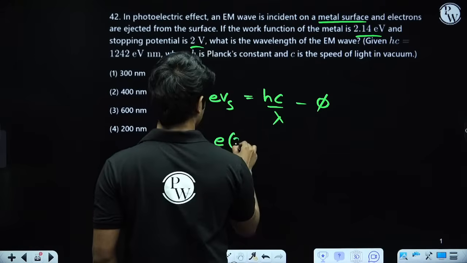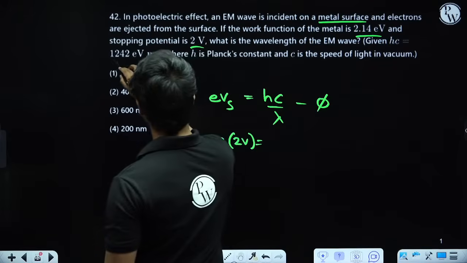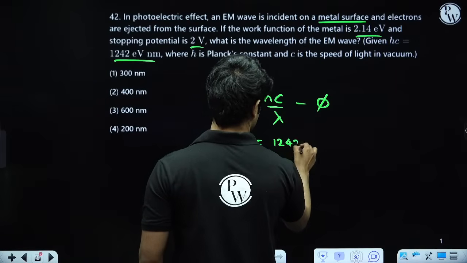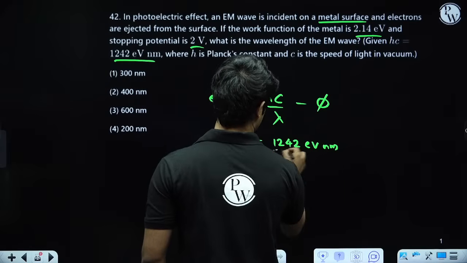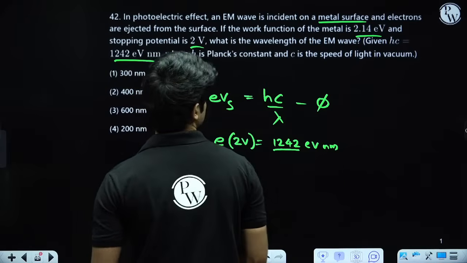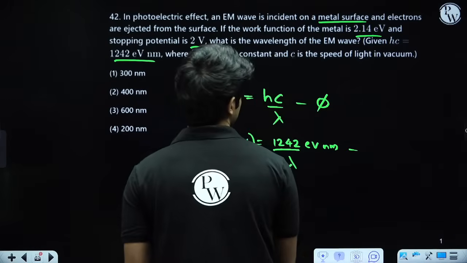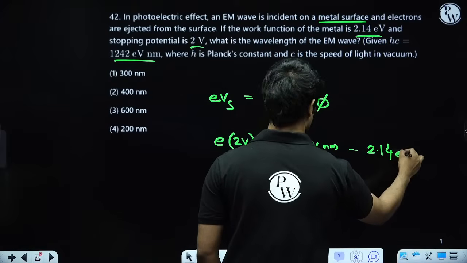So e times the stopping potential, which is 2 volt. hc is given to be 1242 electron volt nanometer. So 1242 electron volt nanometer divided by lambda is what we have to find, minus the work function of the metal, 2.14 electron volt.